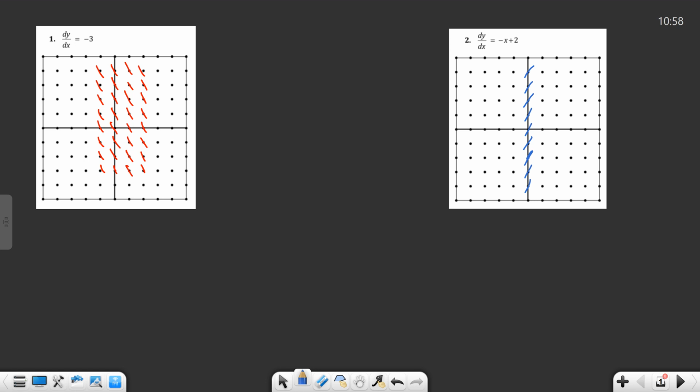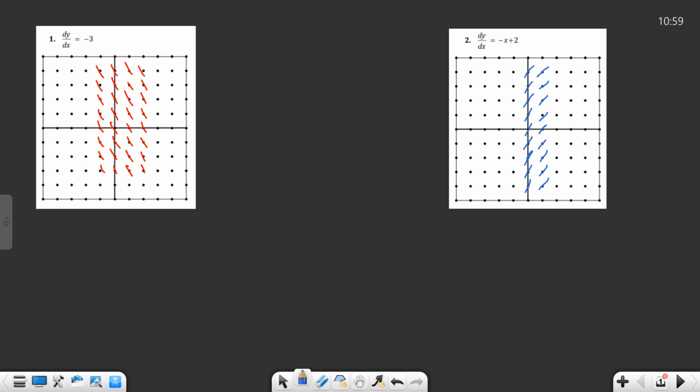Let's go to the right. If x is 1, what's the value of the derivative? 1, which is also known as a 45-degree slope. Whoops, missed a little bit there. Does it have to be perfect? No, but I should see a change in slope as I move to the right.